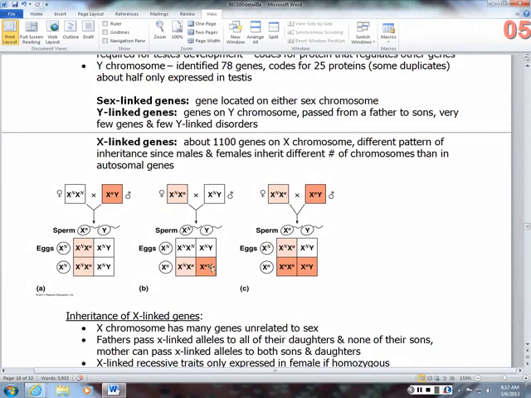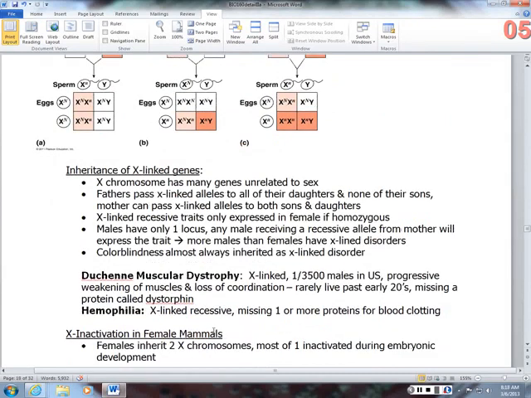If you have trait N, you can see they've put it up as a superscript. When they do the Punnett squares, it will show the different patterns of inheritance, because for a male, you may or may not inherit it. For the female, they're always going to get an X chromosome, and you may or may not inherit it as well.